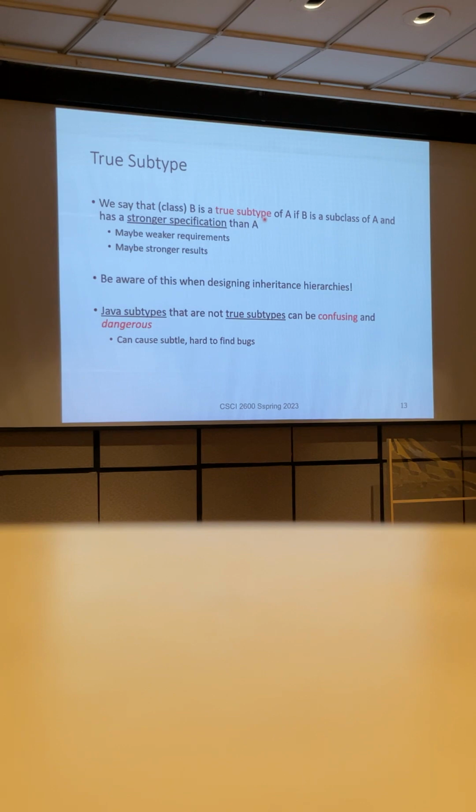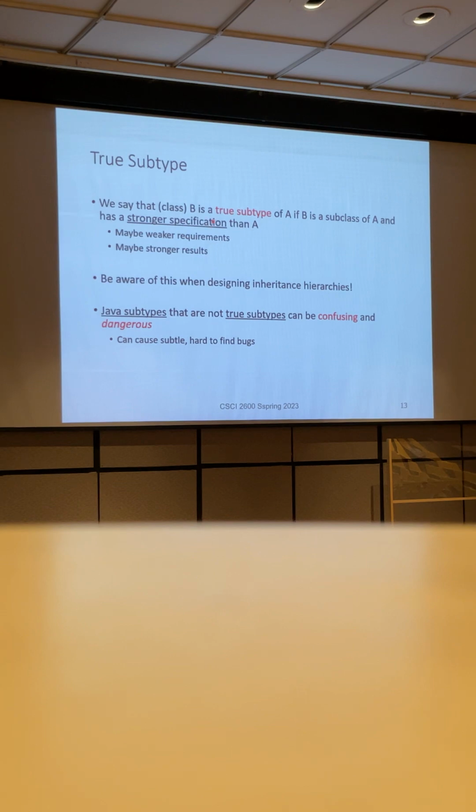We say that class B is a true subtype of A if B can be substituted for an A in all contexts. More specifically, we are going to need a better definition, because "can be or cannot be substituted" is a little vague, so we need a better test to check if something is a true subtype of something else or not.